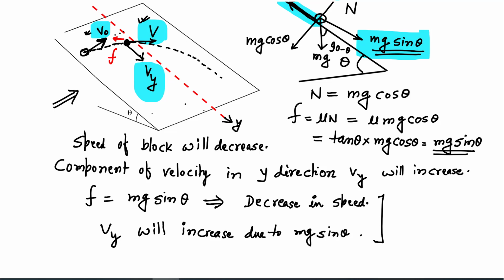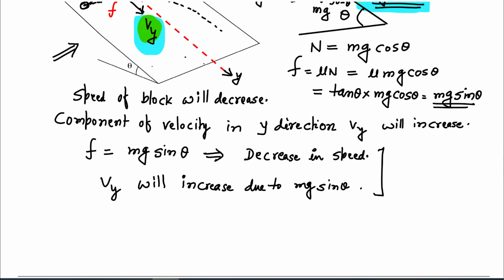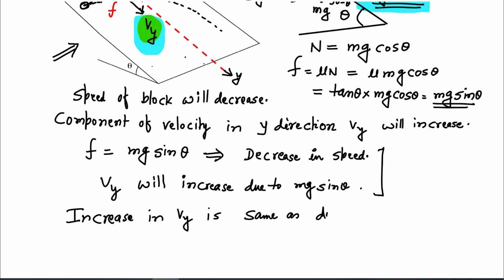This means what will happen? The amount by which this speed, that is v, is decreasing is the same as the amount by which this speed is increasing. So I can say the increase in v_y is the same as the decrease in v.